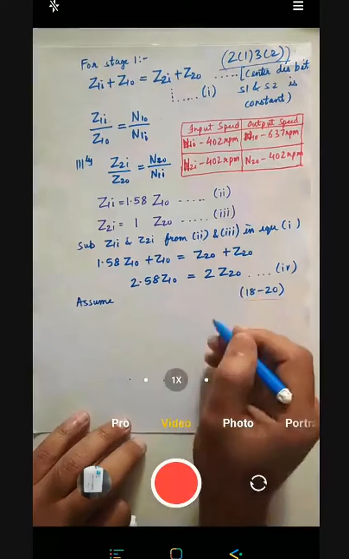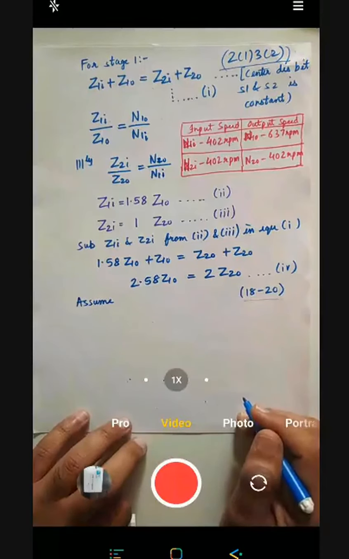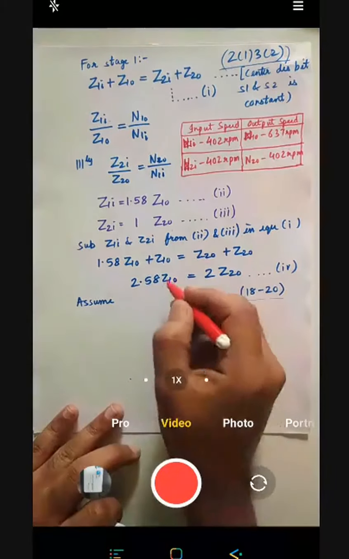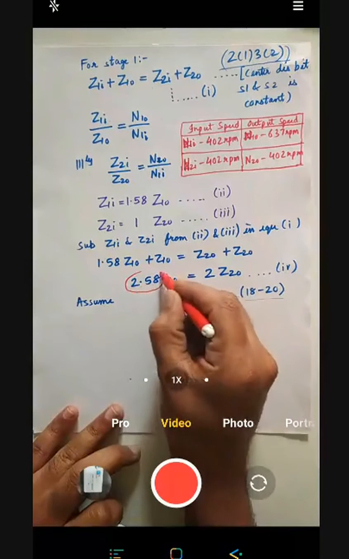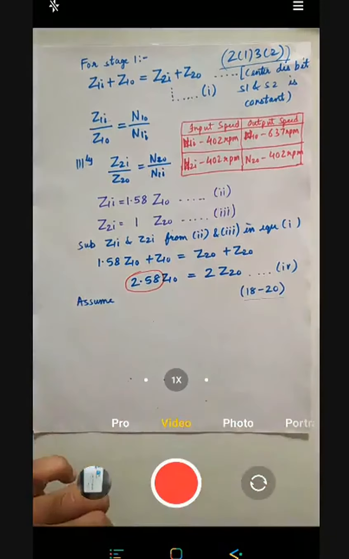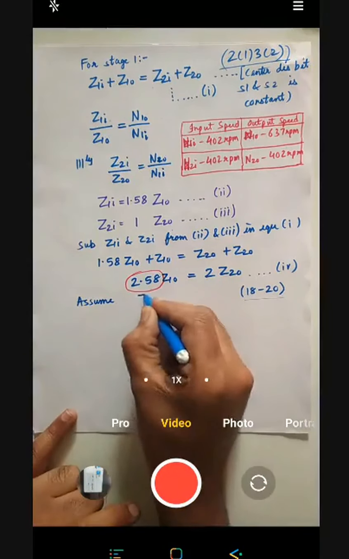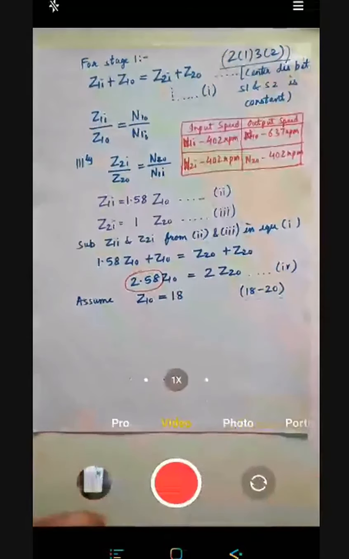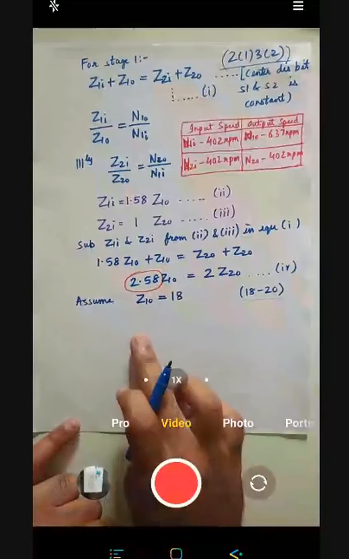So out of these two, which one is having a higher multiplication factor? So Z1O is having the higher multiplication factor. So let us assume Z1O as 18 or 19, 20, whatever you want.